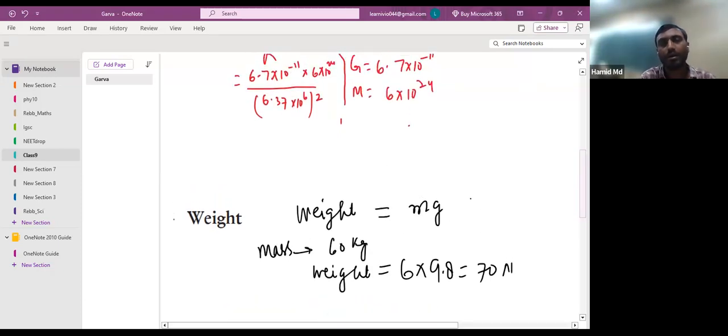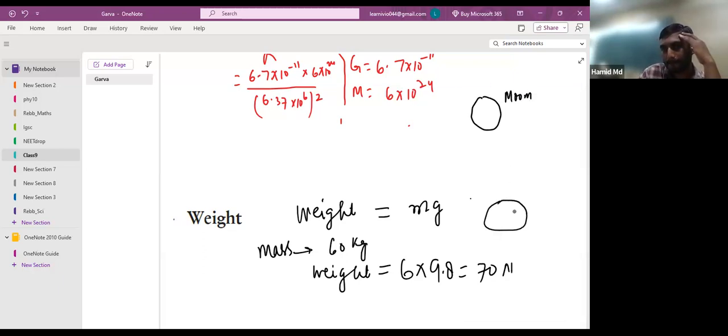Now I'm asking, this is moon and this is earth. The weight of an object on earth will be mg, which is equal to GMm over R squared, where R is the radius of the earth.